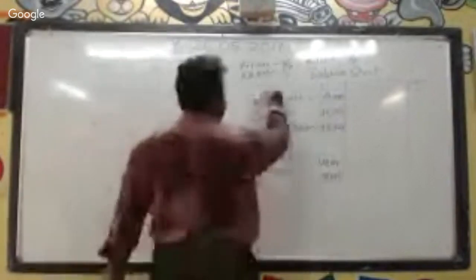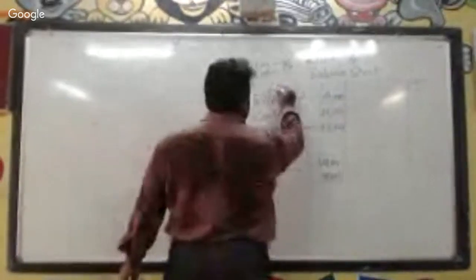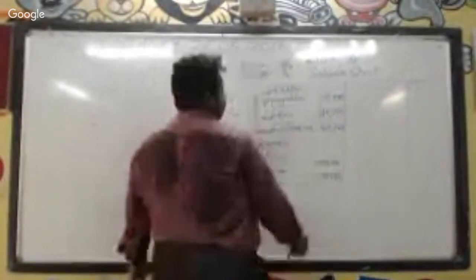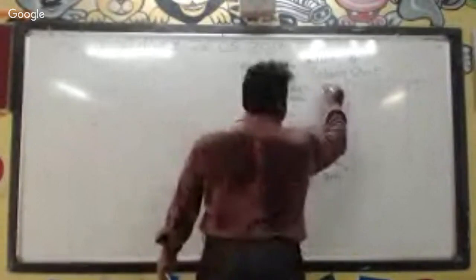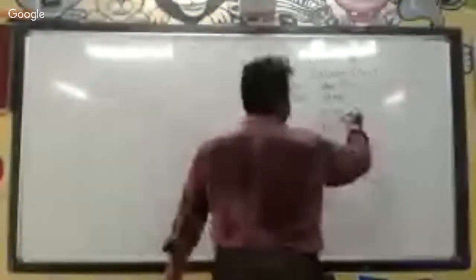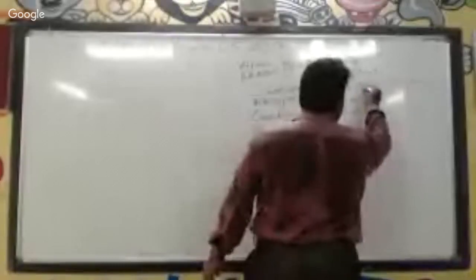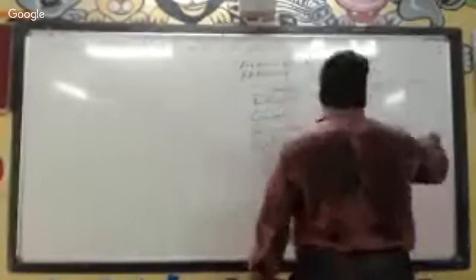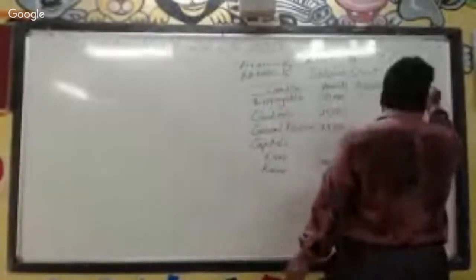So these are the liabilities, and this is the amount column. Coming to the asset side on the right hand side, and the amount column.